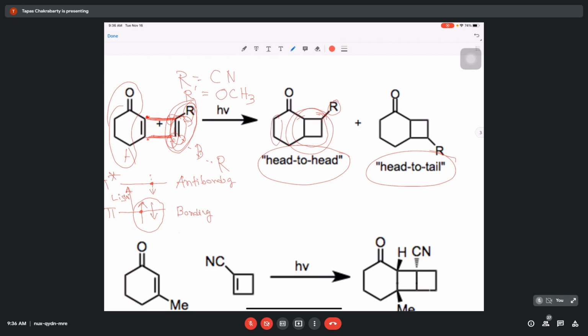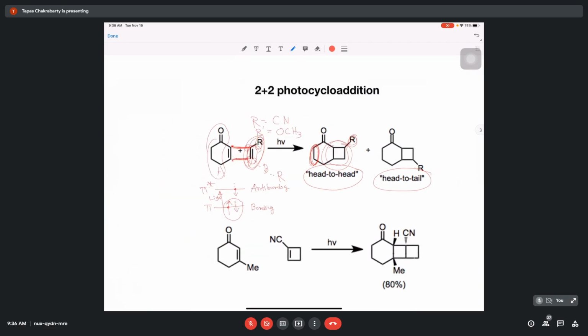If this region comes out of plane, then R could again be out of plane on the same side, that is, on the board of my screen, or in another way, this part could be above and this R can go below. So those are again other isomers. Okay, so that is mostly your endo-exo type of isomers. So many different kinds of isomeric structures or molecules can be produced because of this 2 plus 2 cycloaddition reaction.